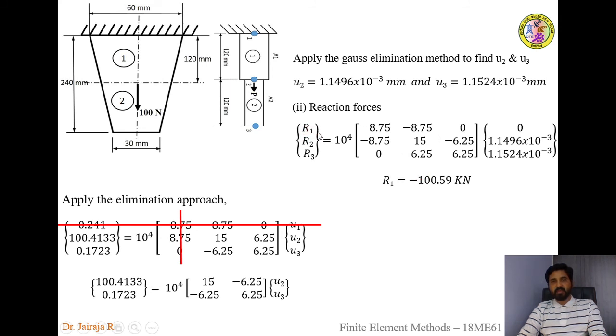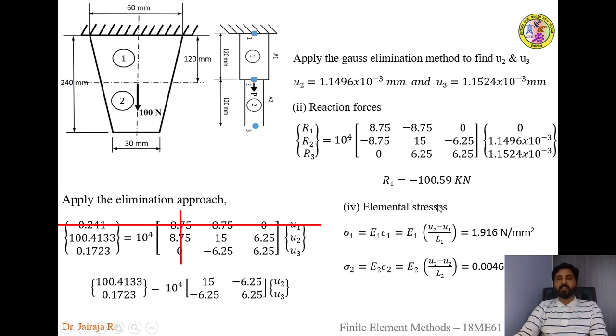Here we write the same stiffness matrix and substitute the U1, U2, U3 values: node 1 is fully fixed, 0, then node 2 displacement and node 3 displacement. We calculate the reaction at node 1 only. Multiplying row and column, R1 is equal to minus 100.59 kilonewton.